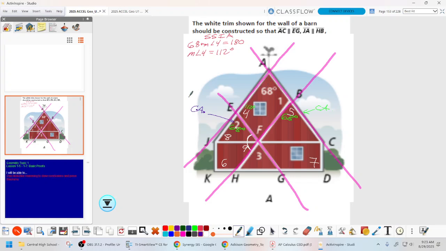Can we use alternate? We can, but it's this angle. So the alternate interior angle with 1 is that angle. Does everybody see that? So if you had that angle, you could use it to get 1. But we know it's 112. Why is it this one?